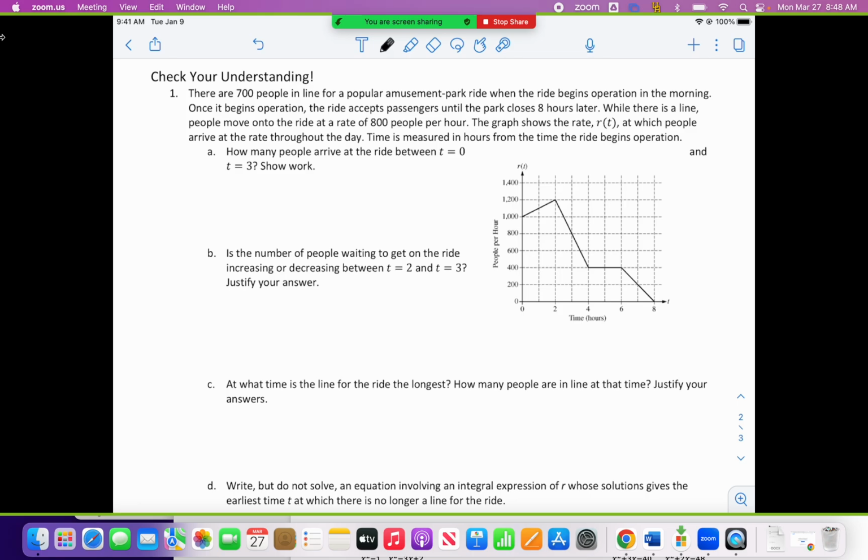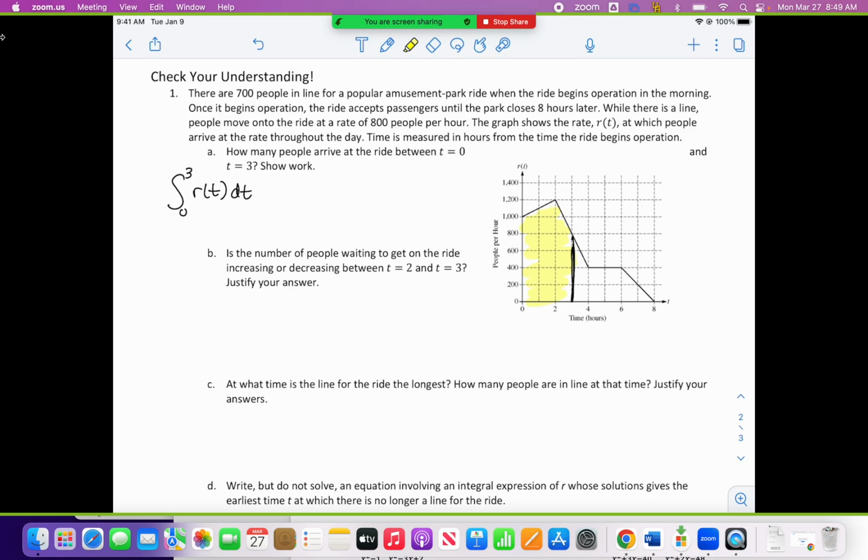The integral is the area under the curve, right? It's the area under the curve. All right, so if you're struggling on letter A, and Quinn, it's not R prime of t. R of t is a rate. So it's the integral from 0 to 3 of R of t dt. So isn't that integral the area under the curve?